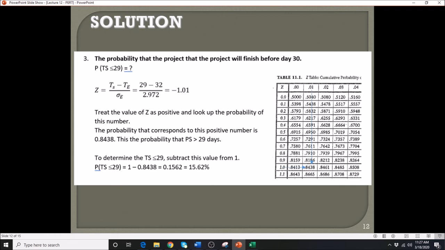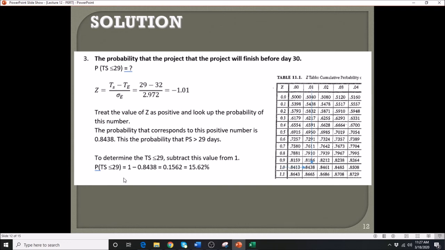So you might be asking, well, we get a negative. Well, this is how you're going to do it. Provided that you calculated your Z value as a negative, first, you treat that as a positive to get your Z value from the table. However, once you get that value, you subtract that from 1, because we will be getting a value that is below the curve.